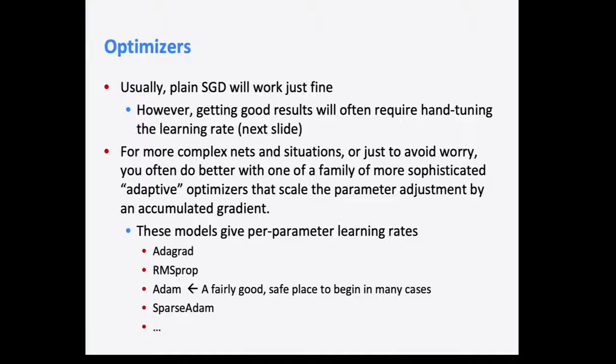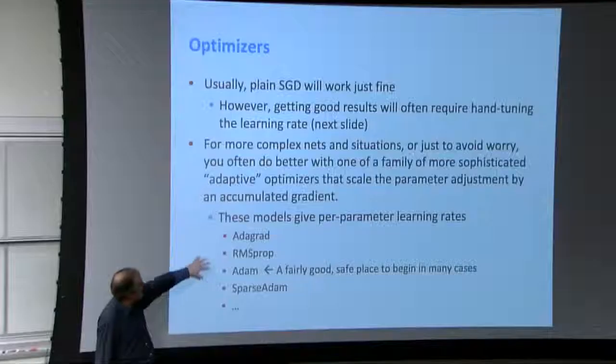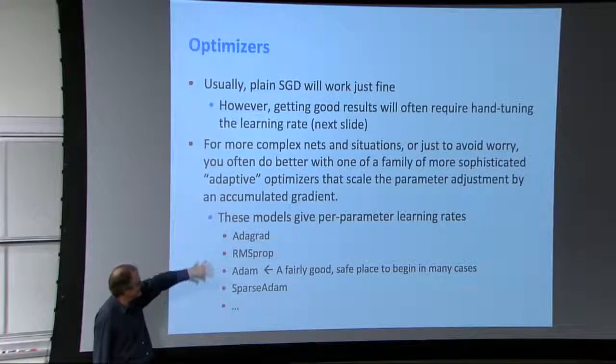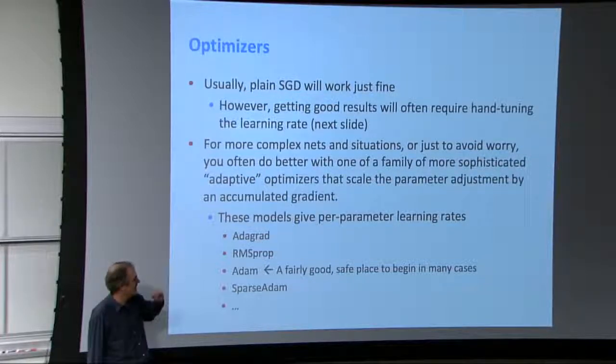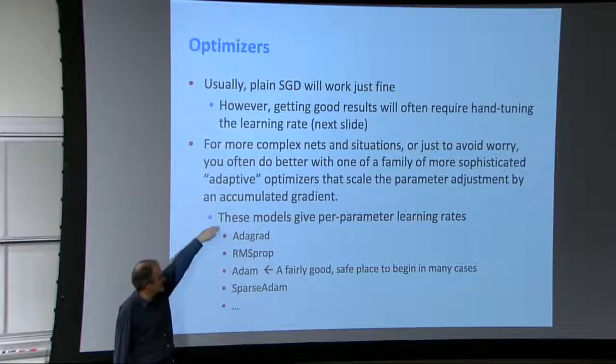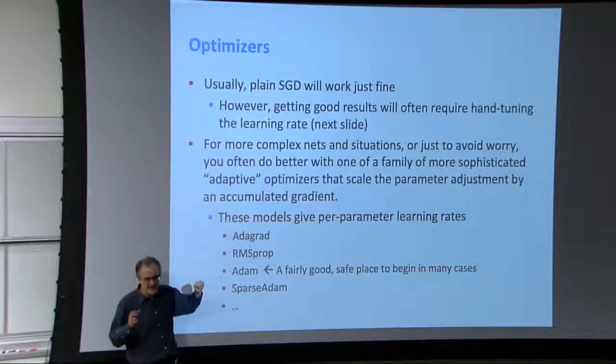For complex nets and situations, or to avoid worry, there's now this big family of more sophisticated adaptive optimizers, and effectively, they're scaling the parameter adjustment by accumulated gradients, which has the effect that they learn a per parameter learning rate, so that they can see which parameters would be useful to move more and which ones less, depending on the sensitivity of those parameters.